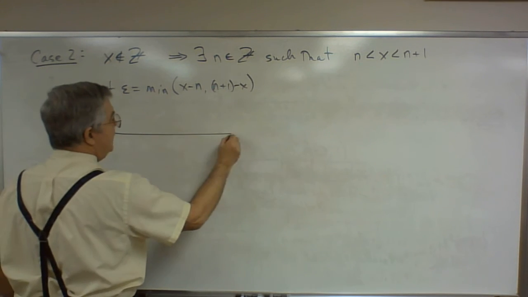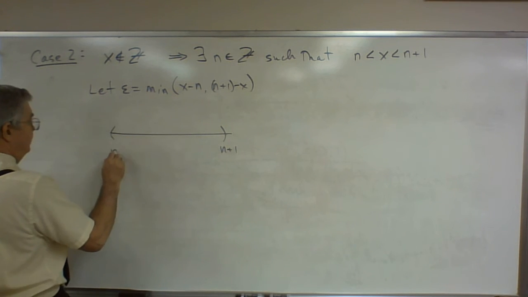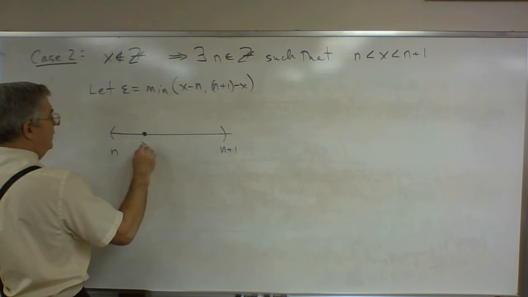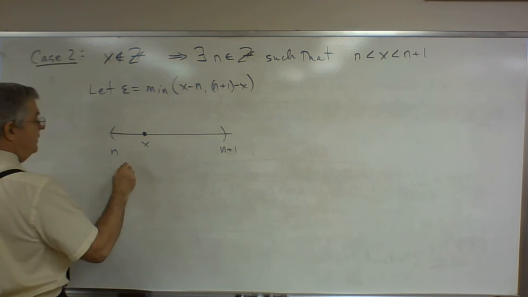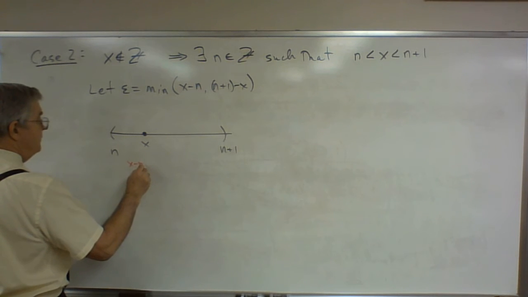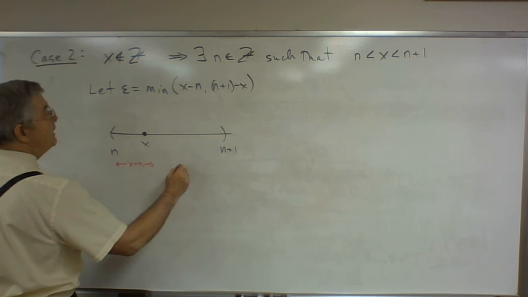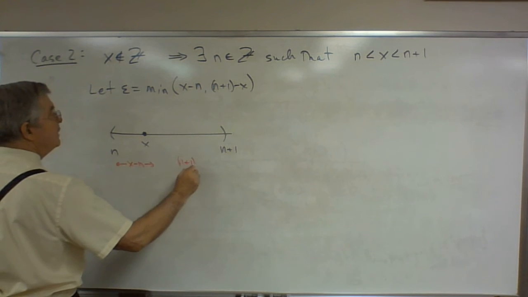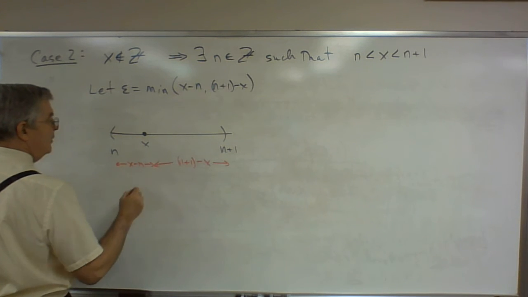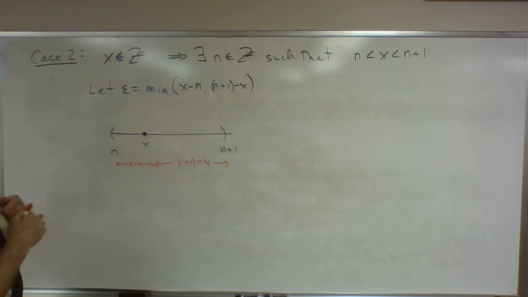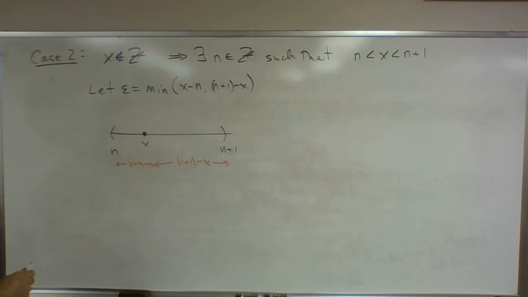And I'll draw that out just so that we can see what it looks like. So here's x minus n, and here's n plus 1 minus x. But we're going to let epsilon be the smaller of these two values.